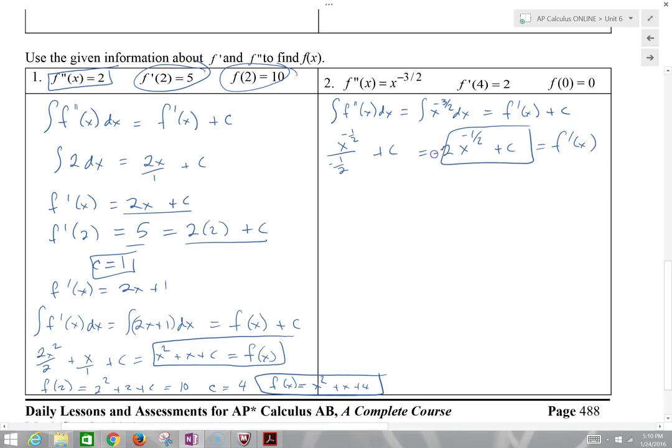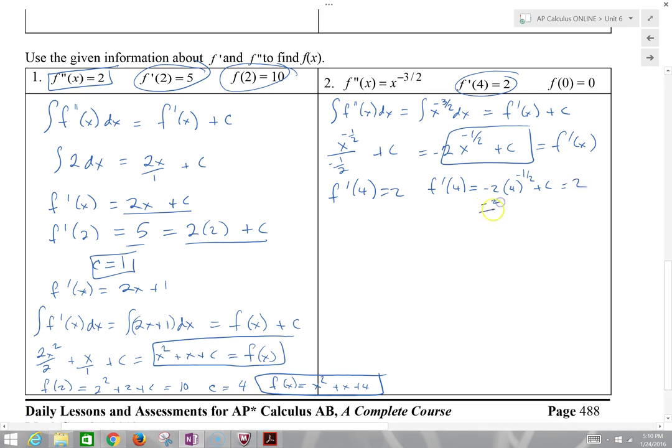I think I'm off by a negative right there. It's negative 1 half. But we know that f prime of 4 is equal to 2, given up here. So we have f prime of 4 is equal to negative 2 times 4 to the negative 1 half plus c, which is equal to 2.